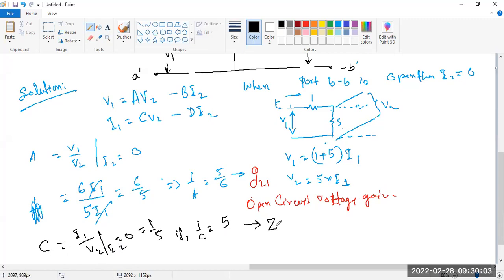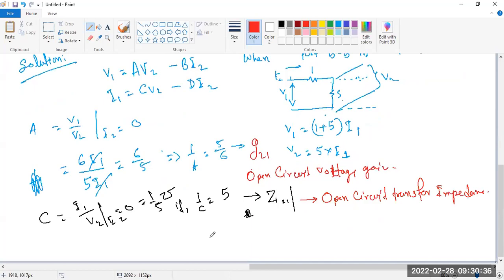That is the impedance, this is Z21. It is ohm, or the resistance. It has a particular name: that is open circuit transfer impedance.